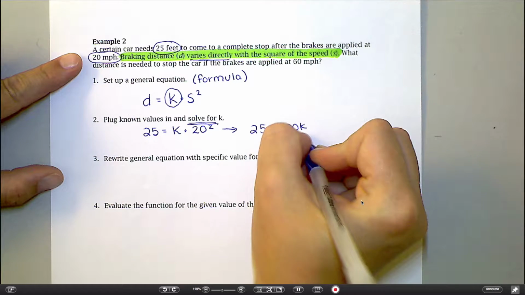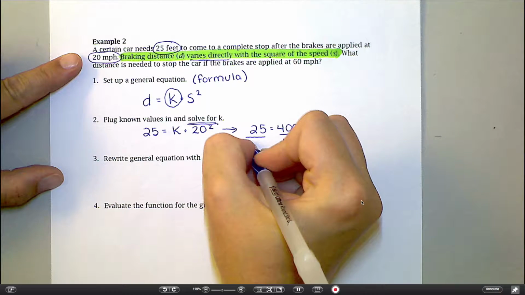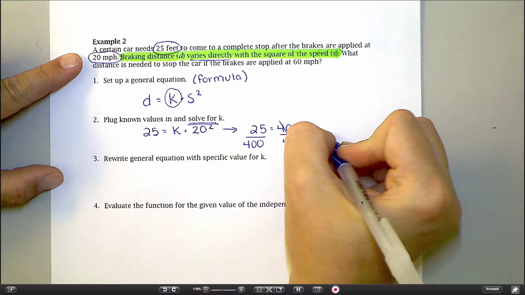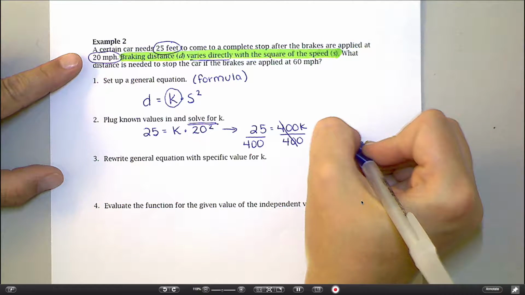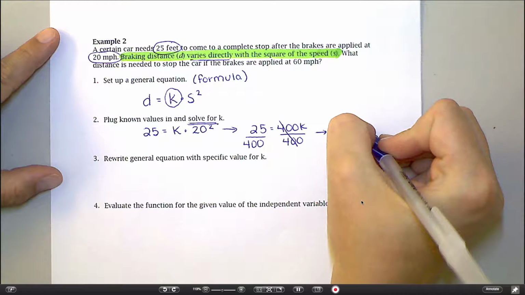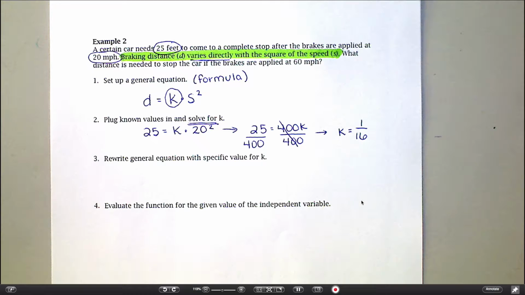And then just be careful about which one you're dividing by, because sometimes it's not what you think it is. And then 25 divided by 400, let's see, that's going to be 1 out of 16, I believe. Okay, so my K value is 1/16.